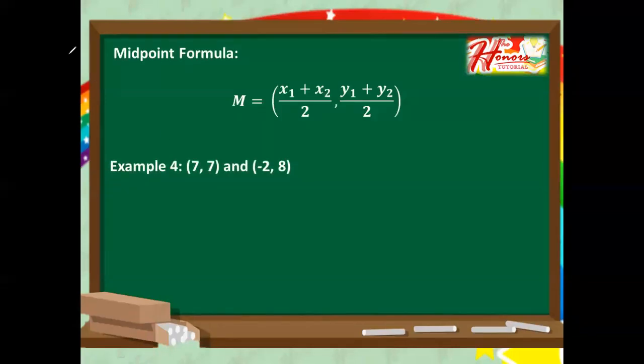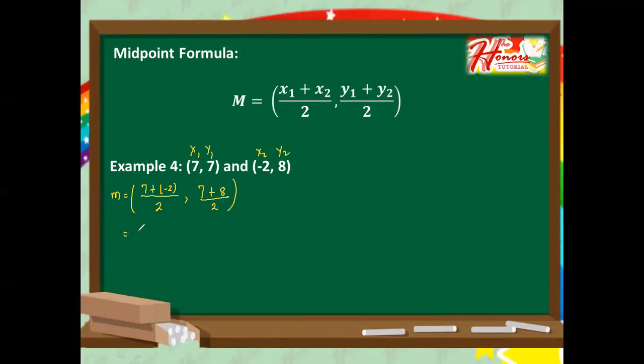Number 4, we have here 7 and 7 and negative 2 and 8. So for solution, let's write M here. And then this is x sub 1, this is y sub 1, this is x sub 2, and this is y sub 2. So x sub 1, that is 7, plus x sub 2, that's negative 2, over 2. And then y sub 1, that's 7, plus y sub 2, that's 8, over 2.